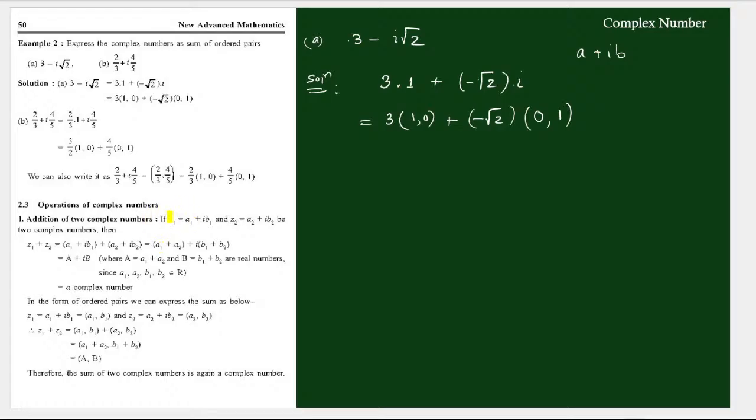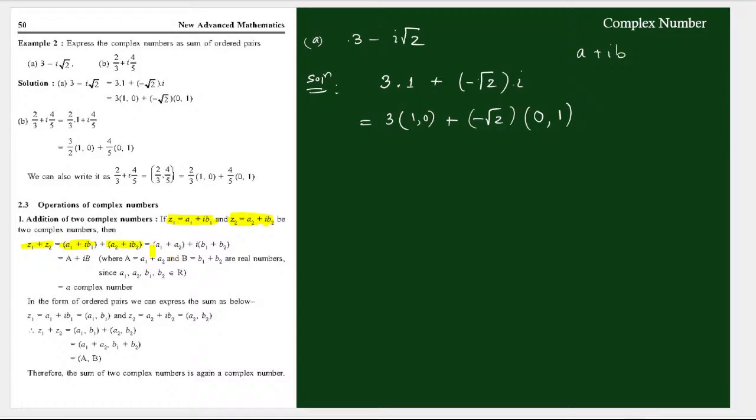So if z1 is your a1 plus ib1, and z2 equal to a2 plus ib2, okay, then z1 plus z2, it will be what? a1 plus ib1 plus a2 plus ib2.